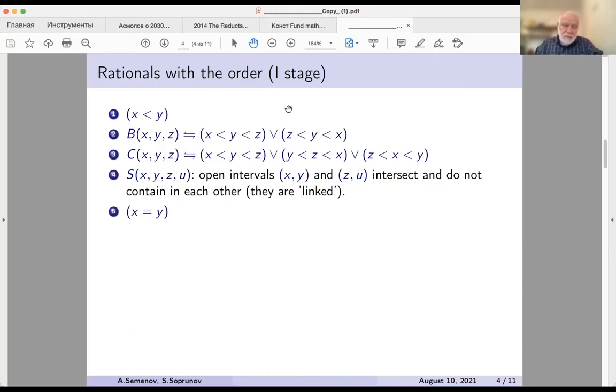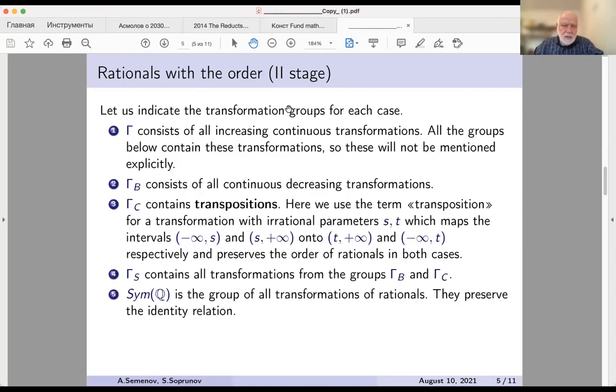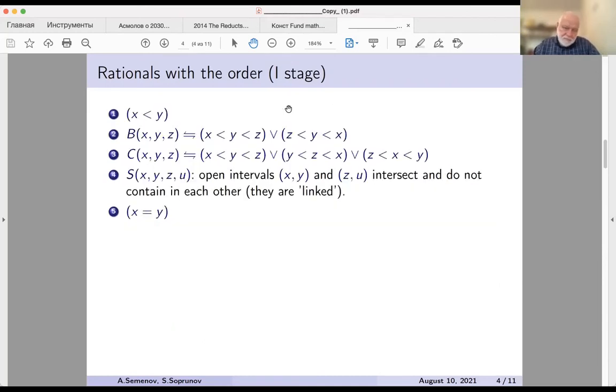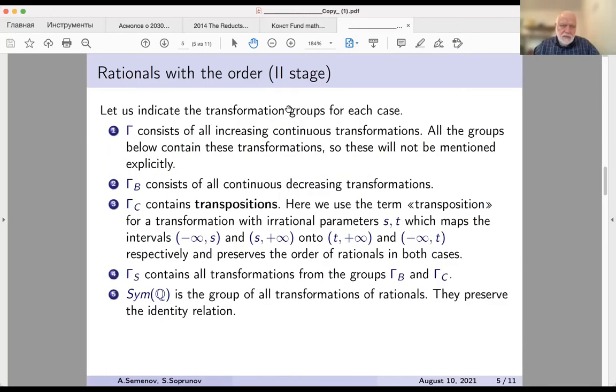And the minimal relation, which we assume is in any class of relations, is just equality. That was the first stage, discovered by many of the participants. The second stage is to construct the transformation groups.